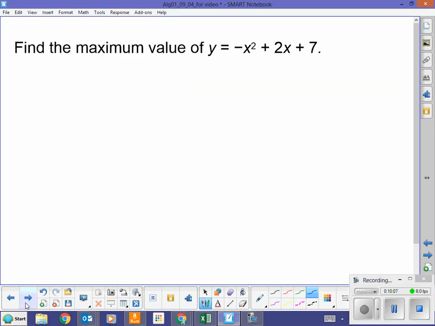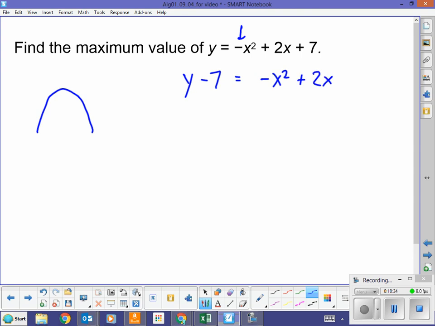And this one, I'm going to do part way, but not all the way. Since they're asking for a maximum, we have a parabola like that, of course, and that matches up with this. So what we want to do here is subtract 7 from both sides. Okay.